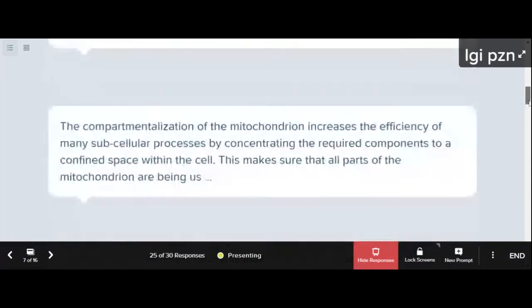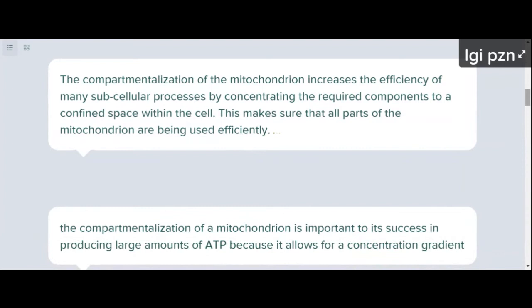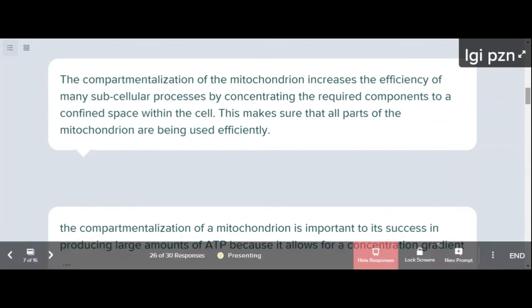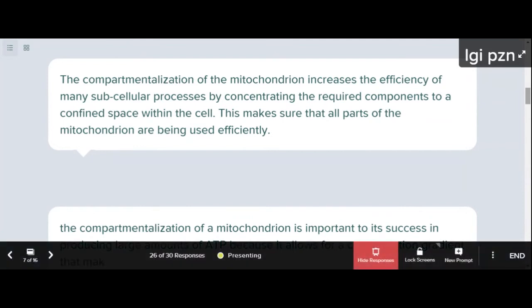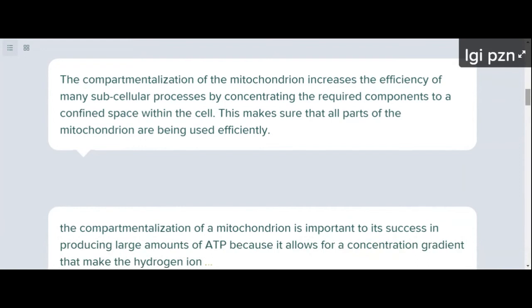And to really get the full points for it, you would mention that it's a hydrogen ion difference in concentration, right? So it allows the hydrogen ions to get really concentrated in the outer compartment, and then they have to flow back through ATP synthases. Remember those things? The hydrogen ions that flow back through the ATP synthases, that's how the ATP gets made.